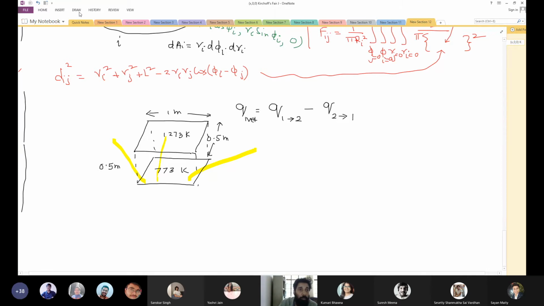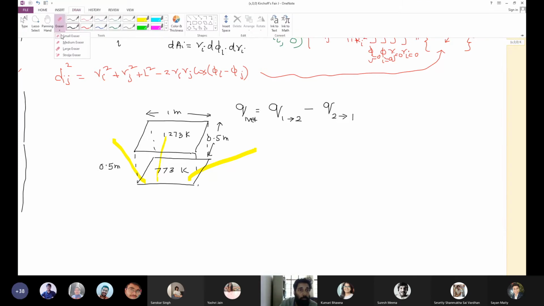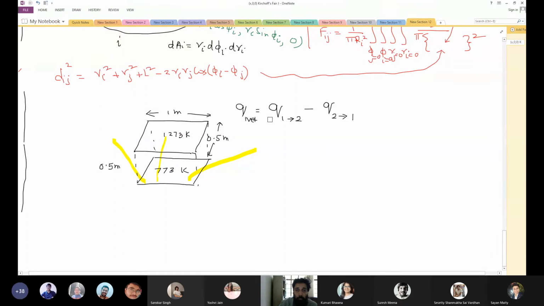So Q net is, say suppose if this is surface 1, this is surface 2.